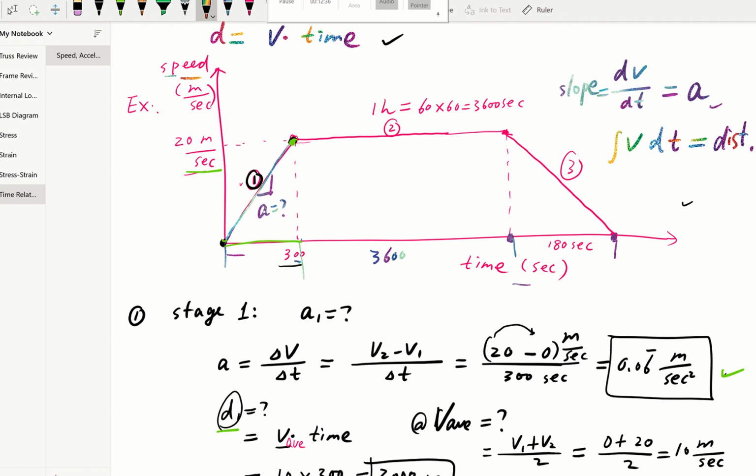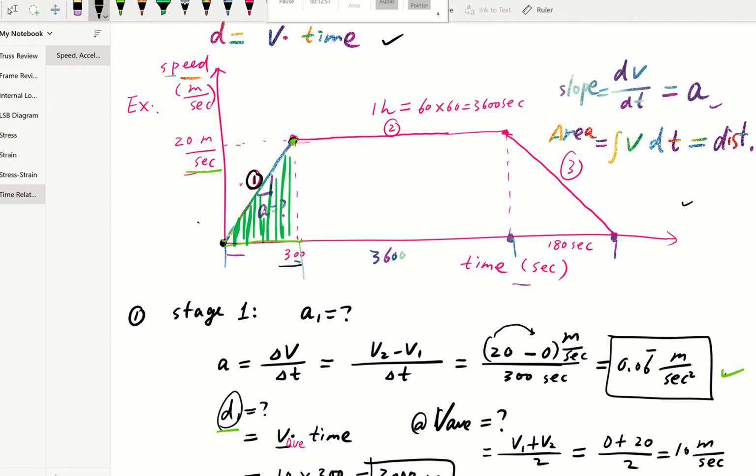So we learned what integration is. Integration is basically the area underneath, right? So what's the area underneath this curve? It's this triangle area.